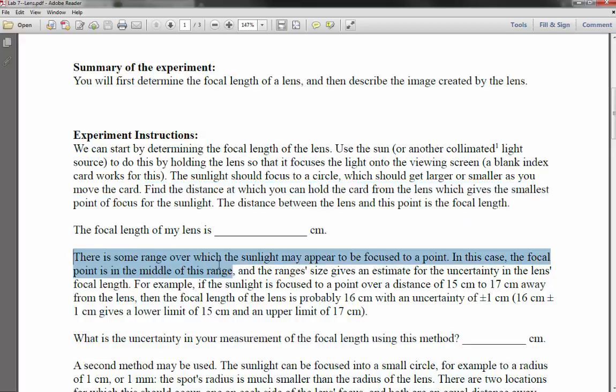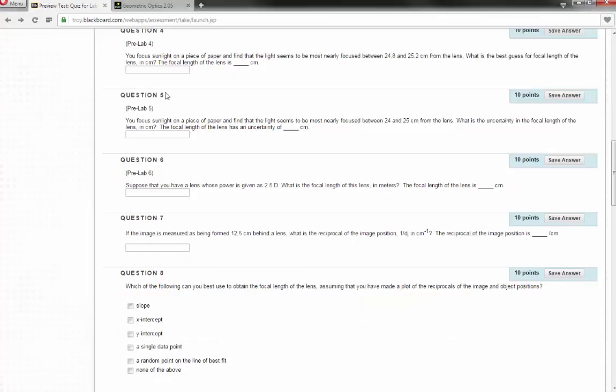There's some range over which sunlight may appear to focus to a point, and the focal point is in the middle of the range. The range's size gives an estimate for the uncertainty of the lens focal length. Here the range is between 24.8 and 25.2, so we want what's in the middle of that range. The middle of that range is 25.0. So we can enter 25 here again.